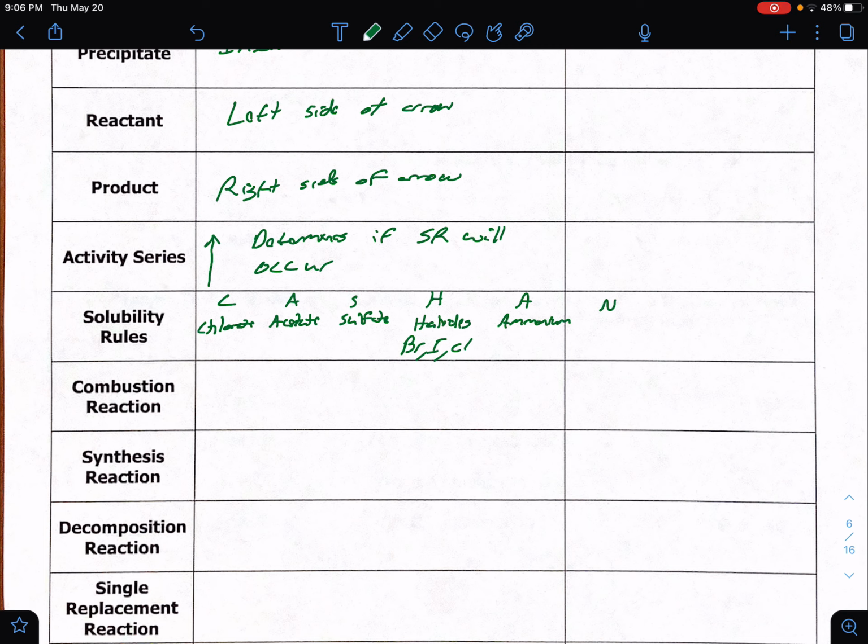Then you have N, which is your nitrate. And then you have Gia. That is your group 1A, the far left group on that periodic table, starting with hydrogen and going down. If you're on that list, that makes you soluble. The only thing you want to watch out for is the bad guys.